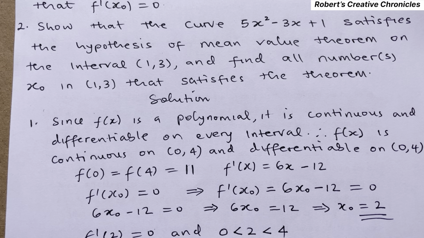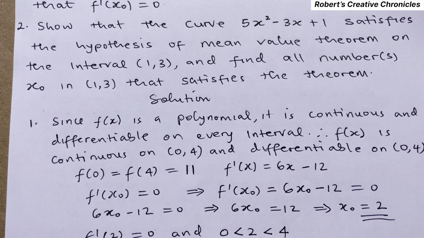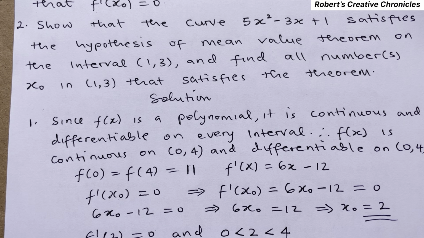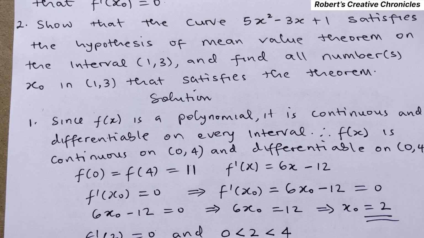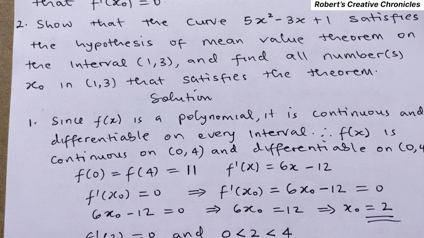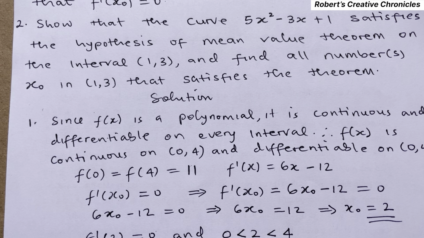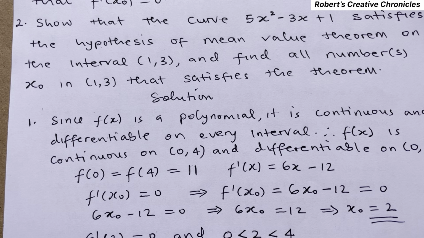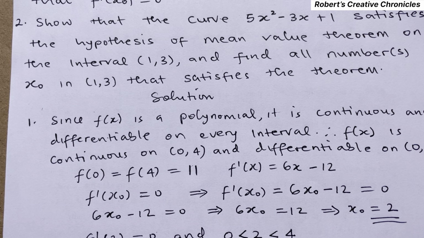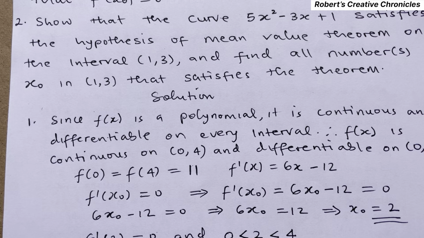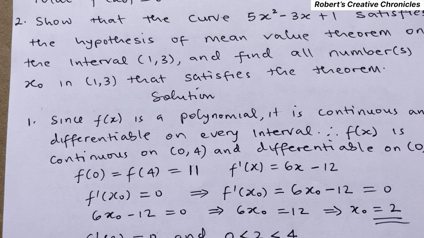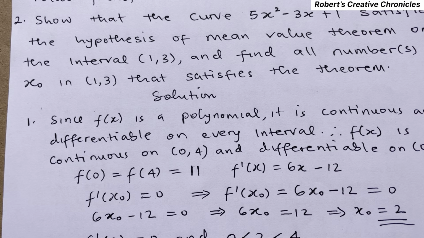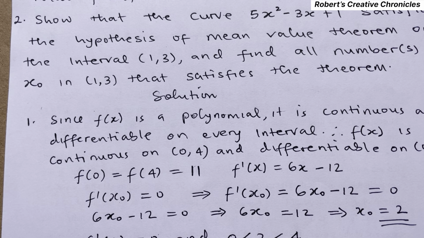The mean value theorem states that if a function f of x is continuous on a closed interval x1, x2 and differentiable on the open interval x1, x2, then there exists at least one number x0 in x1, x2 such that f x2 minus f x1 is equal to f prime x0 times (x2 minus x1). So that's the mean value theorem. So we're going to follow that theorem to solve this.